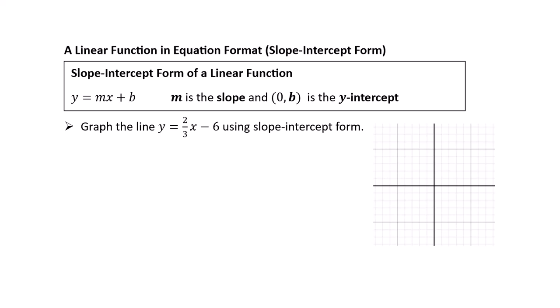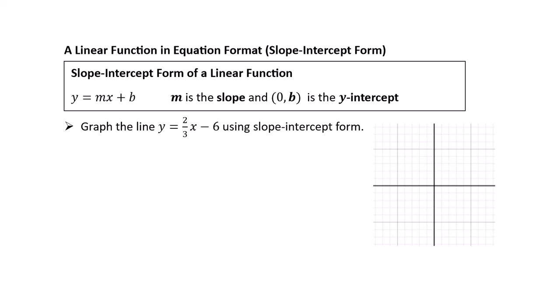Let's talk about a certain format for a linear equation called the slope-intercept form. Slope-intercept form of a linear equation is y equals mx plus b. m is the slope and b is the y-intercept.